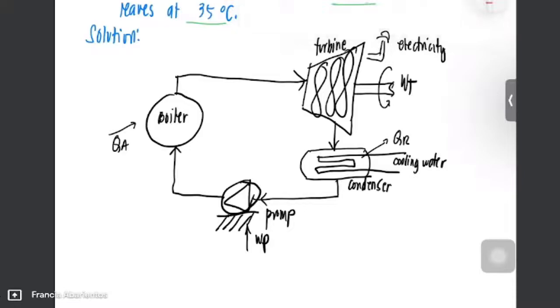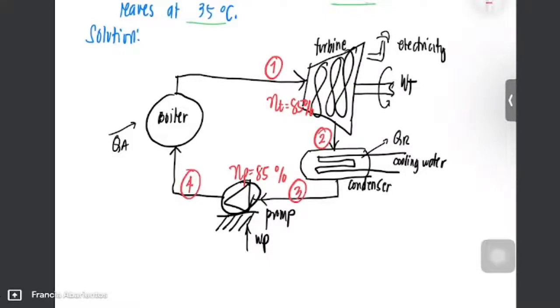Ano yung bagong given sa atin? We have now the efficiency of the turbine at 85%. The efficiency of the pump at 85%. Ano yung magbabago nating properties from point 1 to 3 to 4.